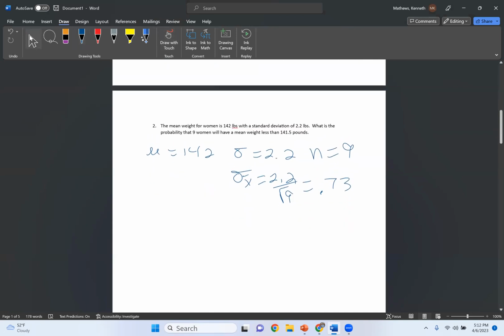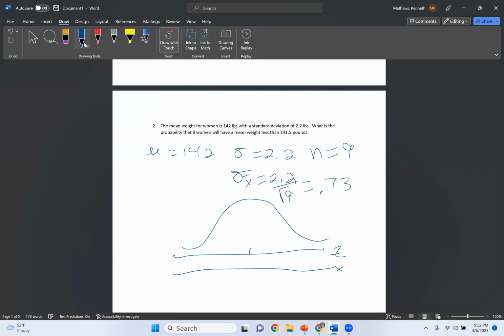All right, let's draw a picture of what is going on. So it's a Z distribution. Here's Z, here's X. The mean on Z is 0, the mean on X is 142. And we're looking for less than 141.5.